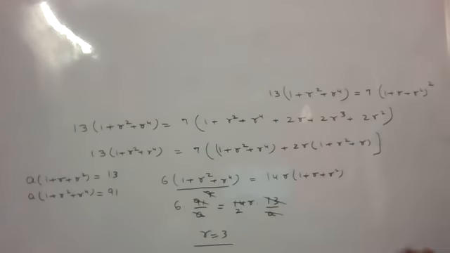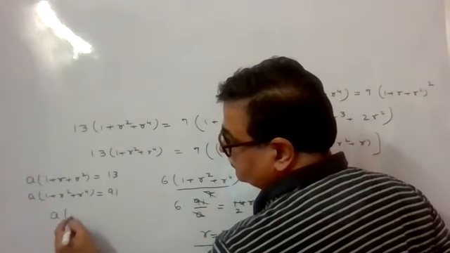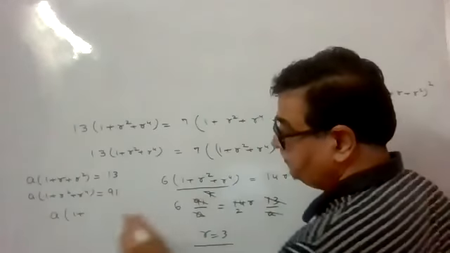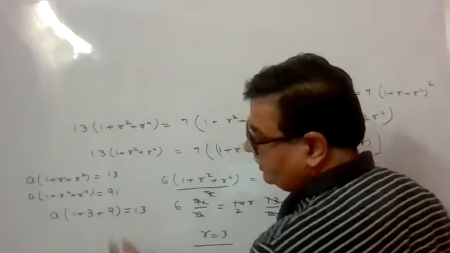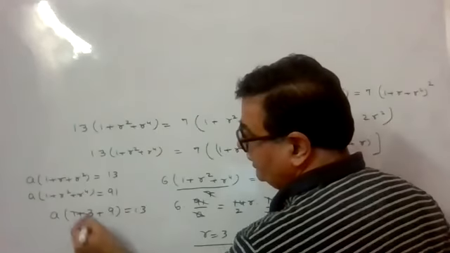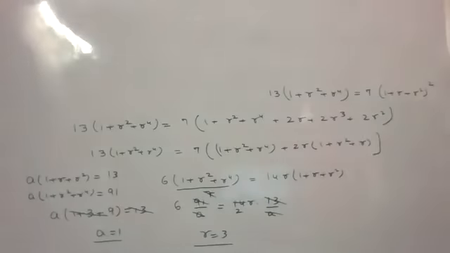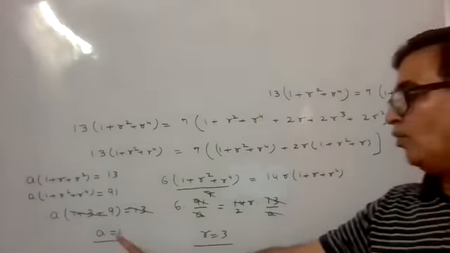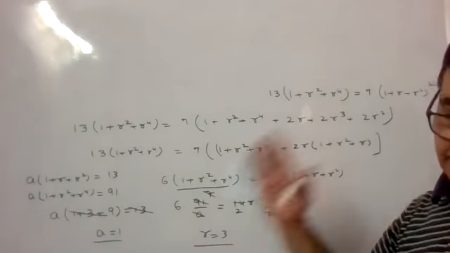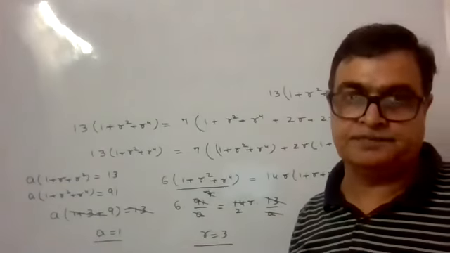And if r is 3, can you get a? 1 plus 3 plus 9 is 13. A is 1, 13 cancels out, so a is 1. So what are the numbers? 1, 3, 9. That is the answer we have, 1, 3, 9.